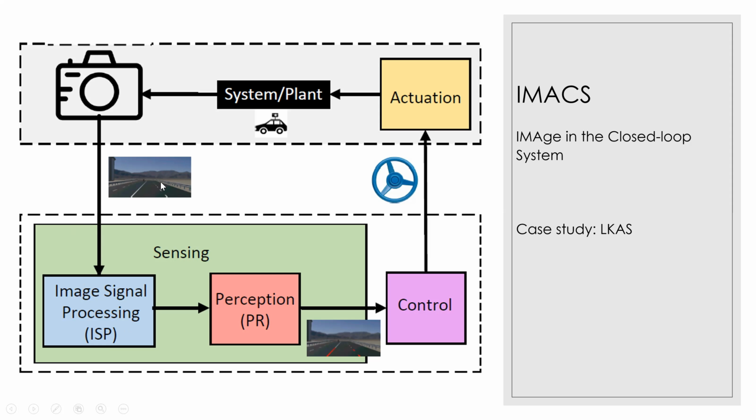The idea is that from the image captured by the camera, the task identifies the lanes and also computes the lateral deviation of the car from the center of the lane. This lateral deviation information, or let's say the state, is fed to the controller, and then the controller computes the steering angle, which should be actuated so that the car goes to the center of the lane.